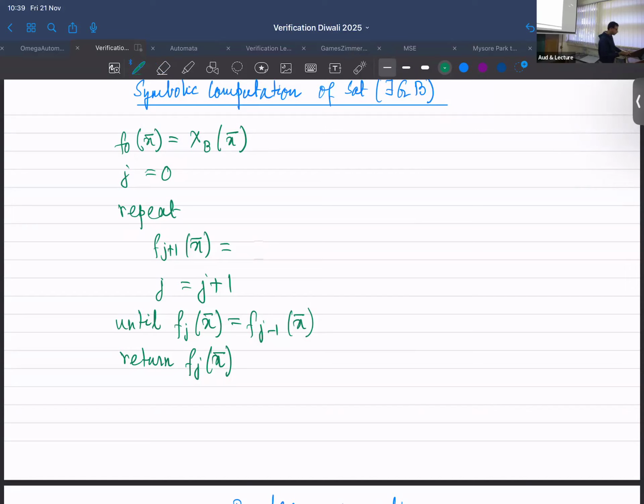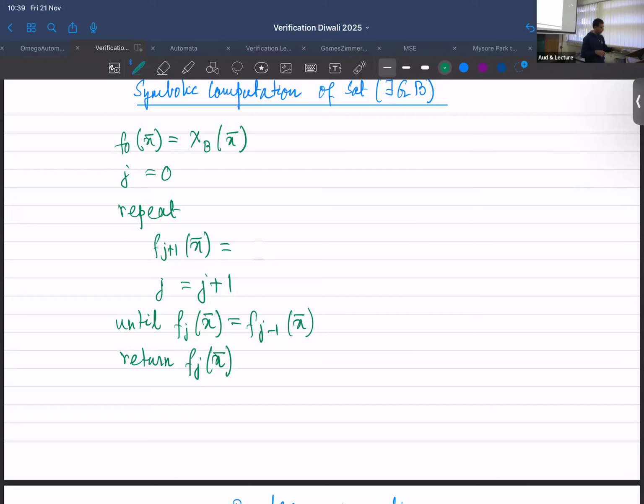Fj minus. Yeah, but you don't usually write the minus. You can think of this in terms of the sets Tj.